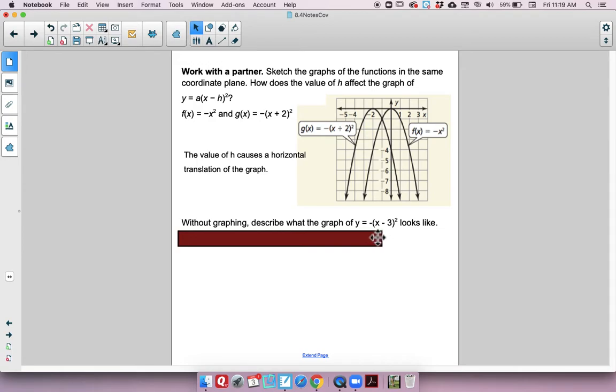Well, obviously we have a negative sign here. So a is negative, so it would be a reflection in the x-axis. It's going to be facing down. And what about the minus 3 here? Well, doesn't that mean that h is 3, which means it would be a horizontal translation 3 units to the right.